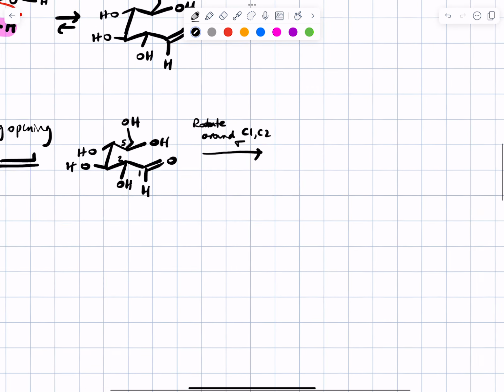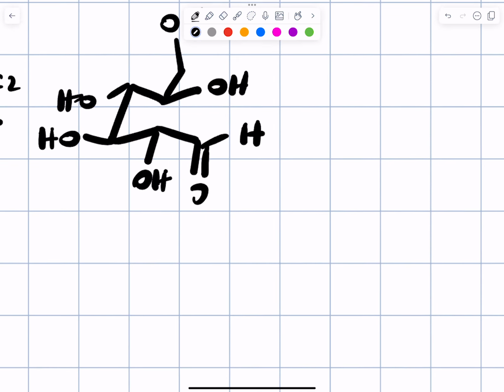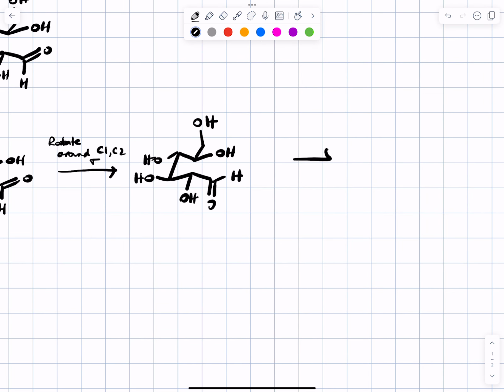Rotate around the sigma bond between C1 and C2, that would shift the aldehyde into sort of a down position. And then you could imagine ring closing from that other shape.